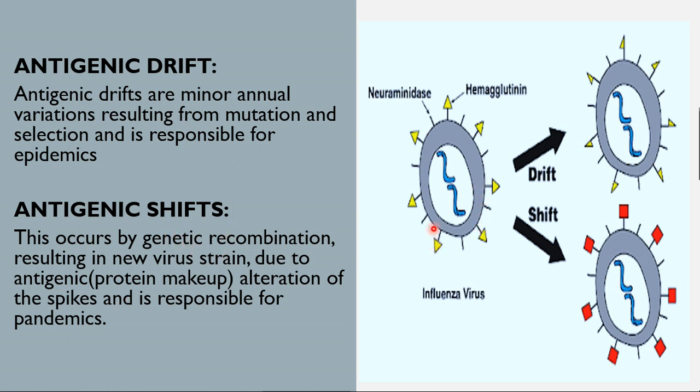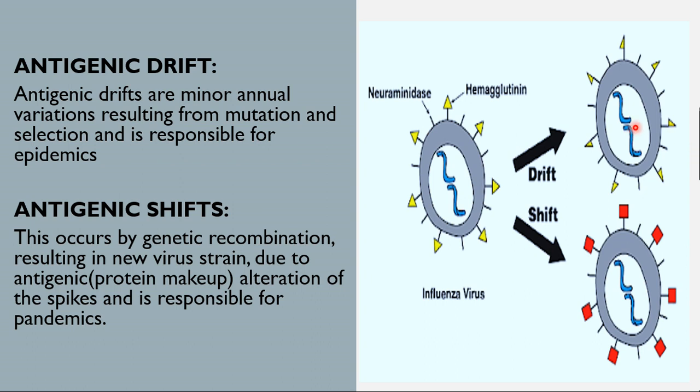The antigenic shift occurs by genetic recombination. So here it's completely different. This is how you have your hemagglutinin, but here you can see it's completely different, resulting in a new virus strain due to antigenic alteration of the spikes, and it is responsible for pandemics.